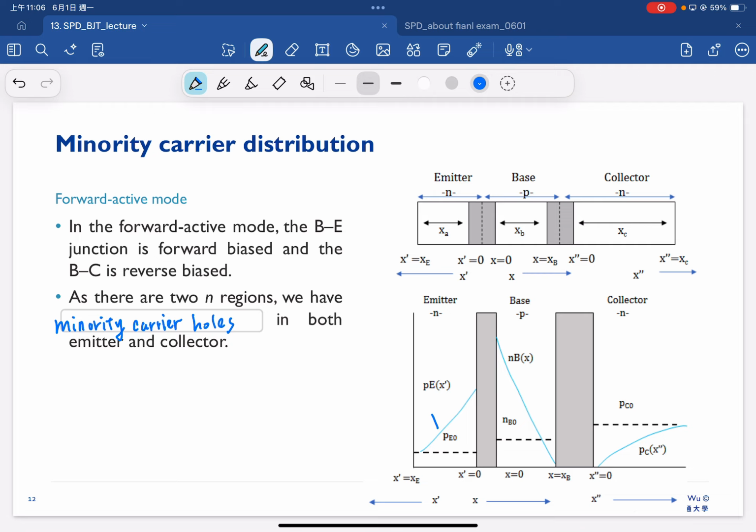We have the minority holes here, and we also have the minority holes here. Therefore, to analyze the current, to calculate the current, we will focus on the least minority in this BJT.